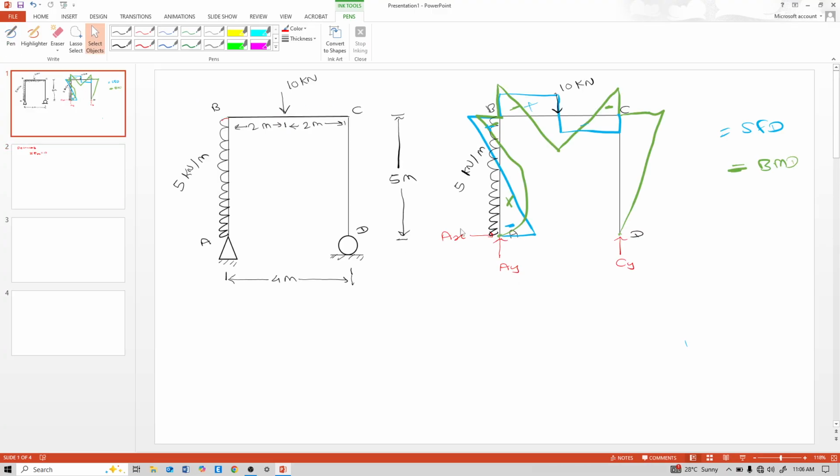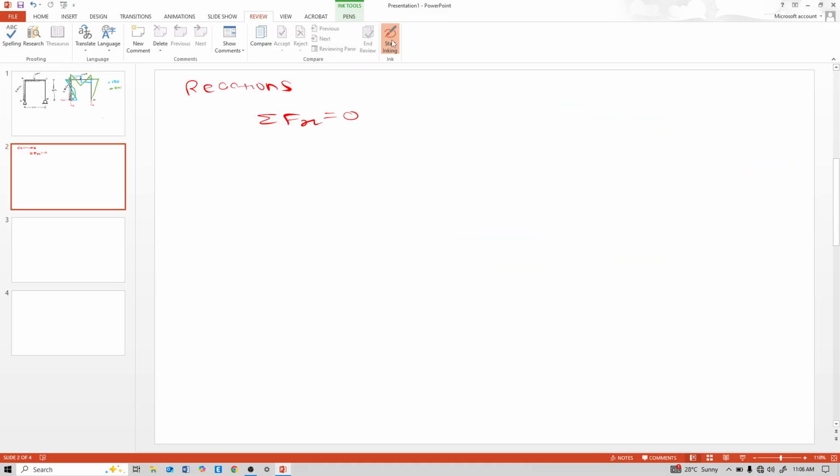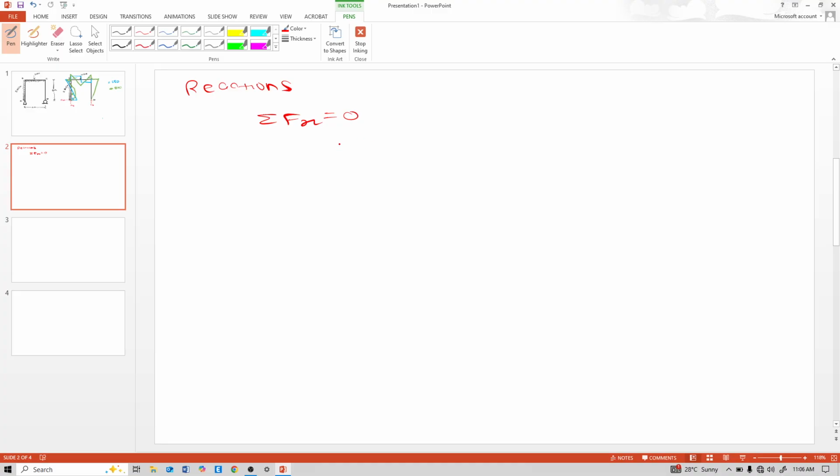See, the x direction forces are this Ax and this 5 kN per meter acting over 5 meter distance. Consider this direction as positive and this direction as negative only for reaction calculation, not for SFD and BMD.